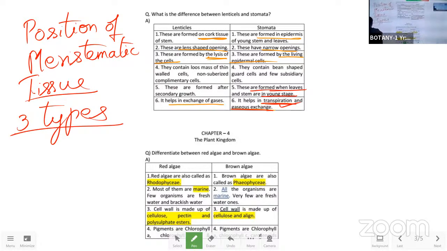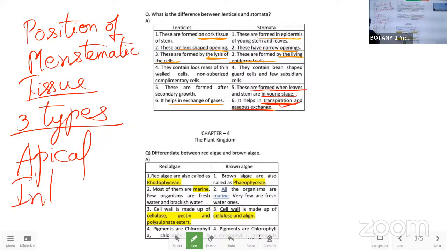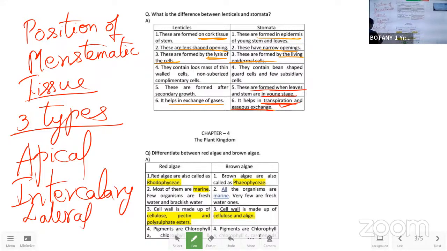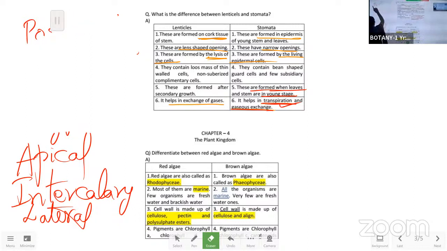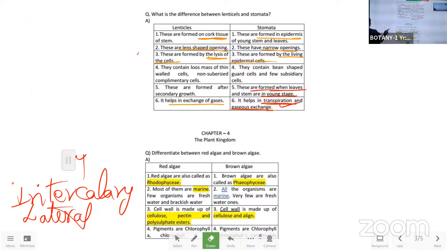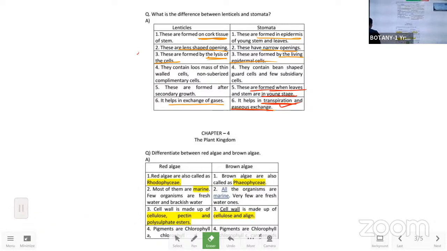The first one is the apical meristems, intercalary meristems, and lateral meristems. Okay, the first one is the apical meristem. And where these apical meristems are present and what is the function of this meristematic tissue.